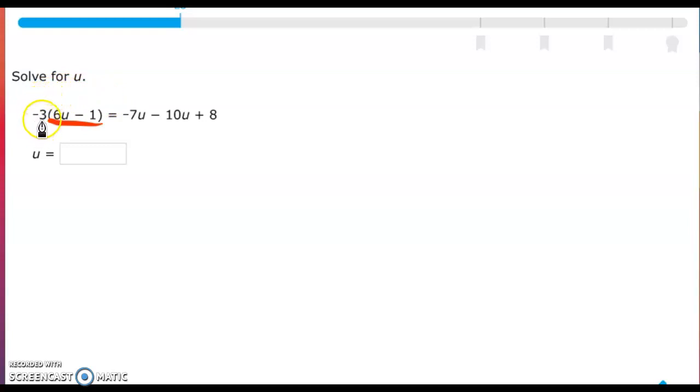So you're going to multiply -3 times 6u. So that would get you -18u. And then you've got -3 times -1. And you may be wondering how I'm getting that negative, because that says minus instead of plus.